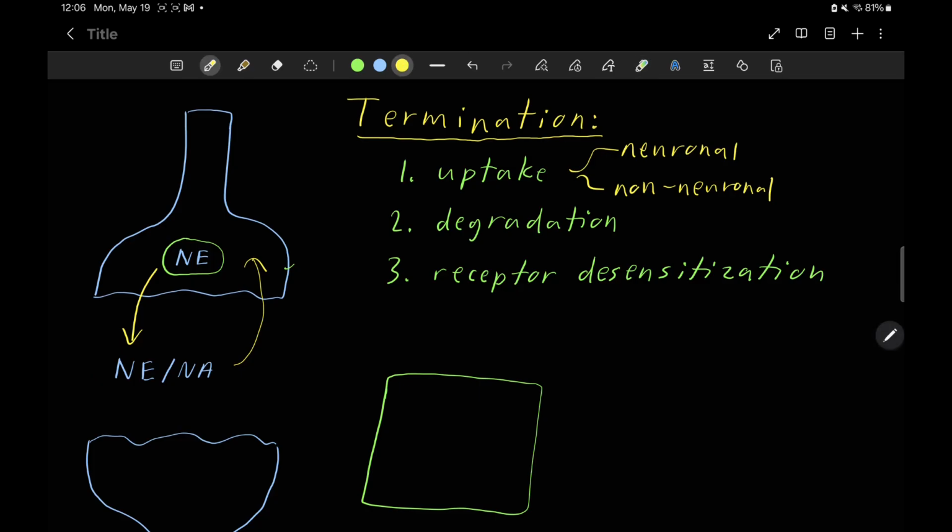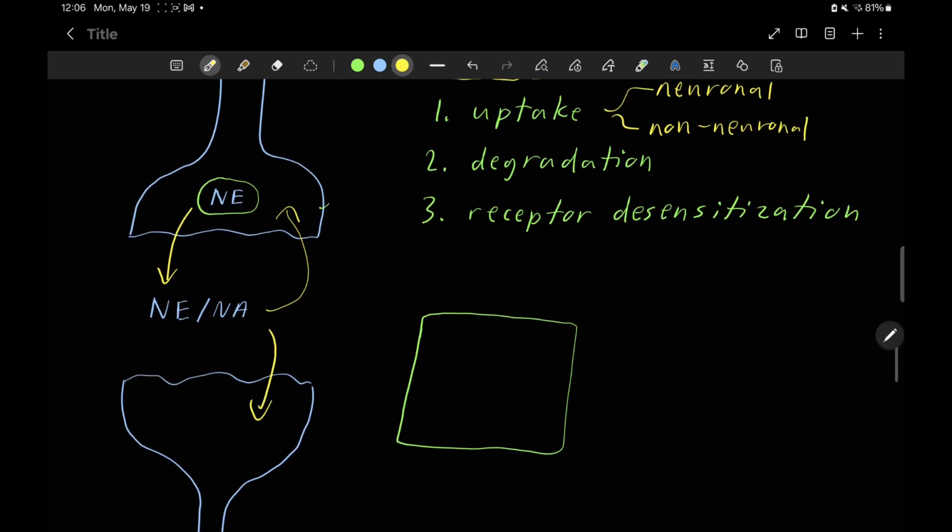Now, for the process of neuronal uptake, in order to pump norepinephrine back into a neuron, you have the help of a transporter called NET. NET is the transporter present on your neuron cell membrane, and it assists with pumping norepinephrine back into your neurons in order to be stored.